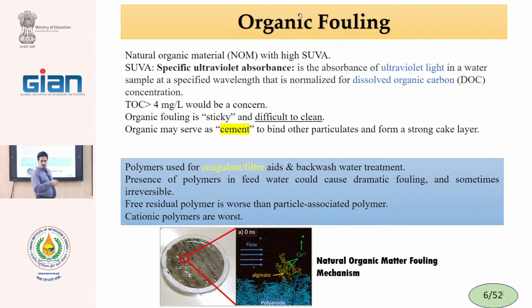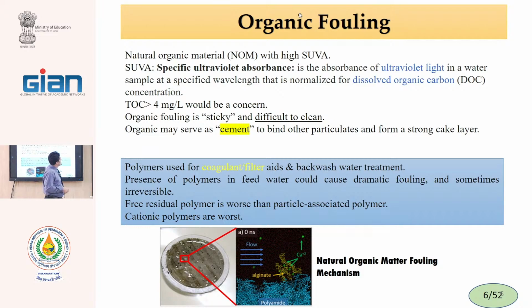When we have calcium in the water with alginate, calcium can act as a bridge between the alginate and cause an adhesive, and very, very bad fouling can occur when we have calcium with humic acid or natural organic matters, and produce a layer like cement on the membrane surface.